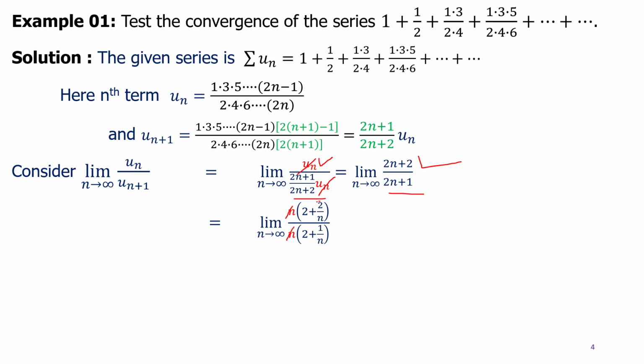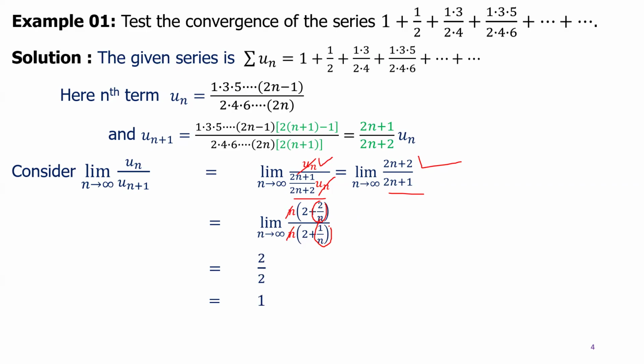If we put the limit, 2 upon infinity is 0, 1 upon infinity is 0. So we are getting 2 by 2, which is equal to 1. Since the ratio of un upon un plus 1 when n tends to infinity is 1, by the ratio test, the test fails.